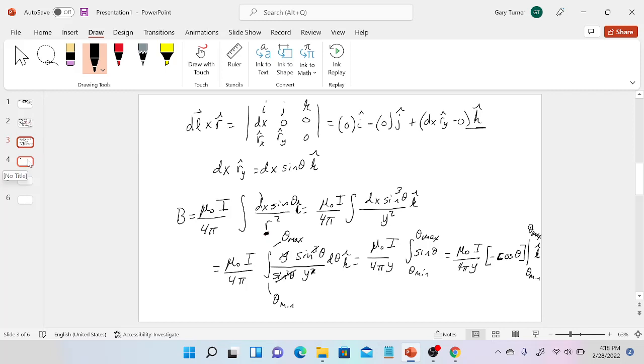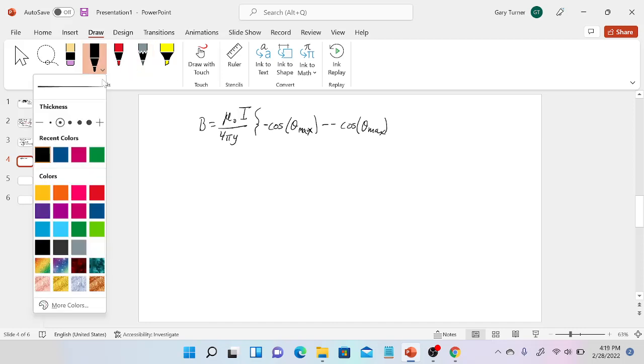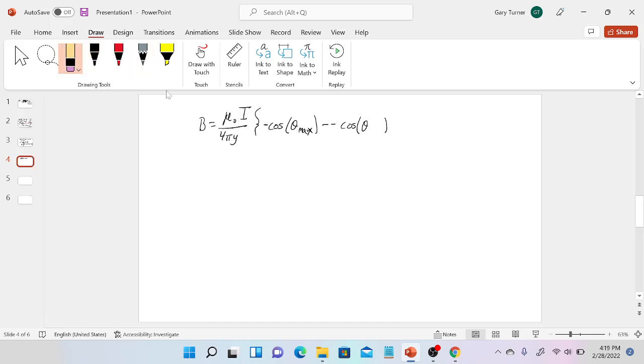And so if you want to be very brute force-ish about this, it would be mu naught I over 4 pi y times negative cos of theta max minus negative cos of theta min.